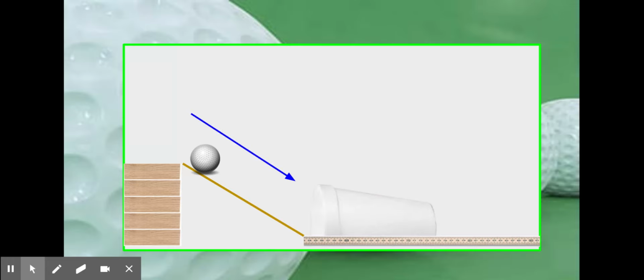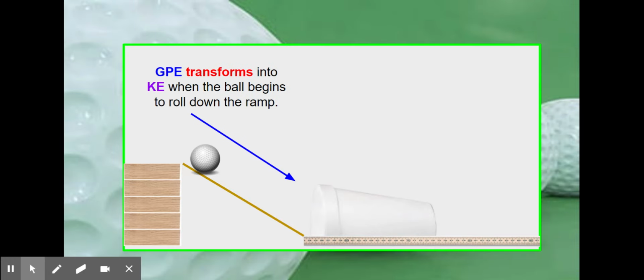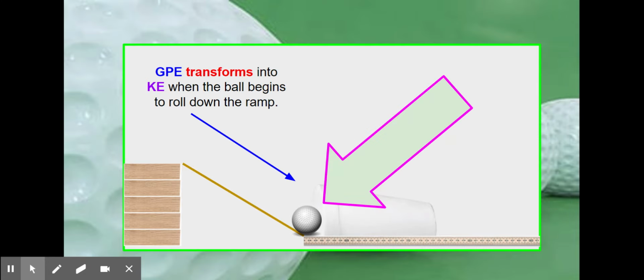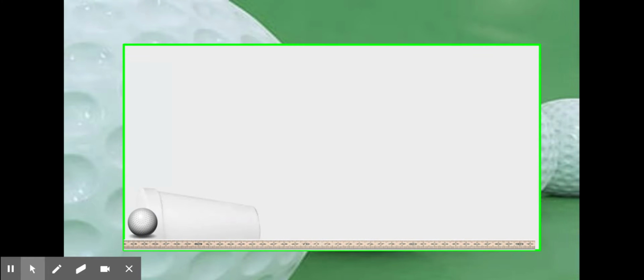And as we increase that ramp height, the GPE transforms into KE when the ball starts to roll down the ramp. When that golf ball hits the bottom of the ramp, that's when it has the most kinetic energy, because we know that the more speed an object has, the more kinetic energy it has.